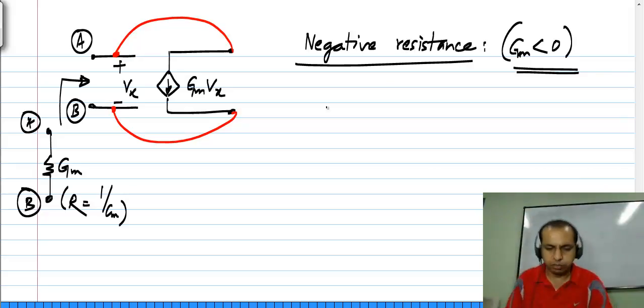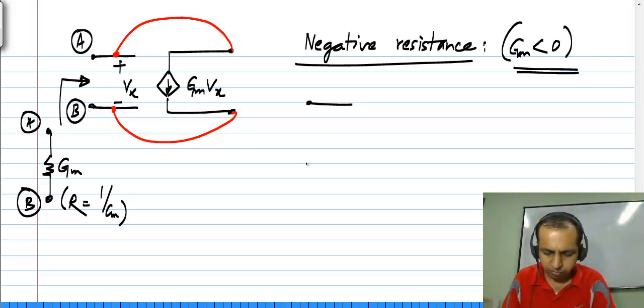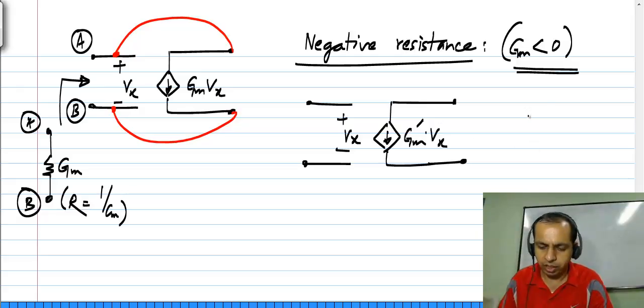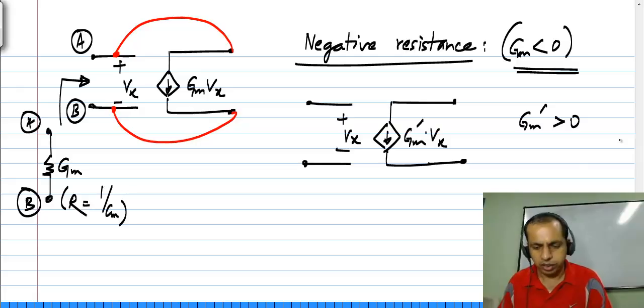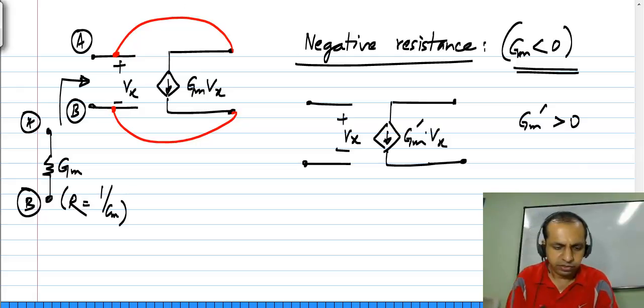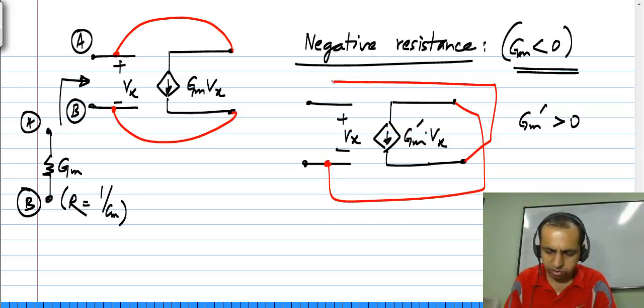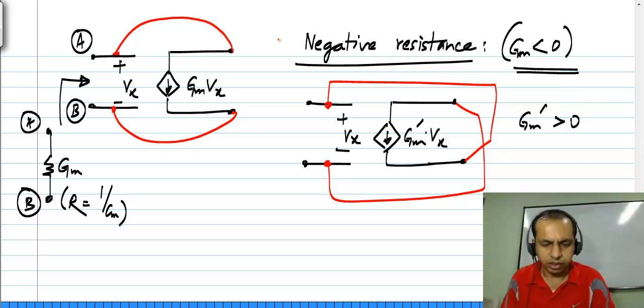So another way to think about it is that, let's say you had a controlled source Gm prime times Vx, and Gm prime happened to be more than 0. Okay. Still we can realize a negative resistance. All we have to do is to connect this here and this over there. Okay.